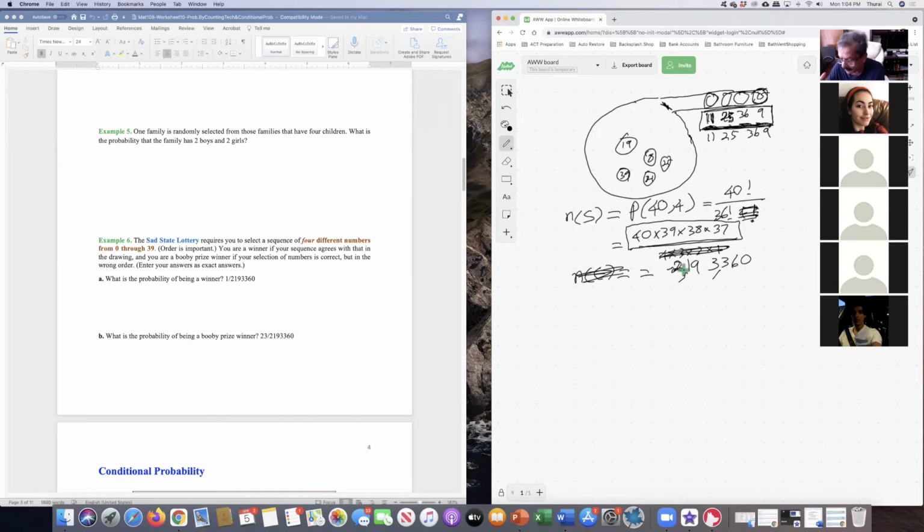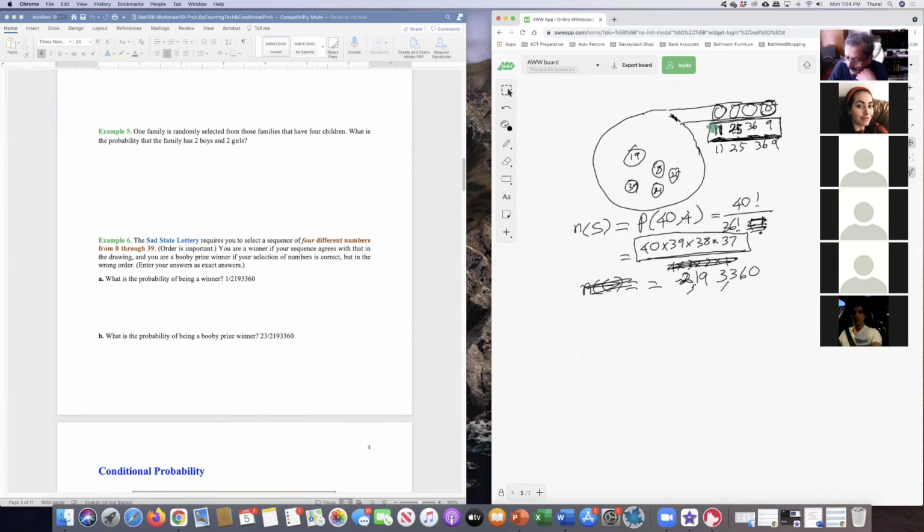So those are all rearrangements of 4 numbers selected from the 40 numbers, 0 to 39. Out of all those, only one will match exactly the winning number, the 4 winning numbers in that order. So there's only one. So the probability for winning is 1 over 2,193,360.